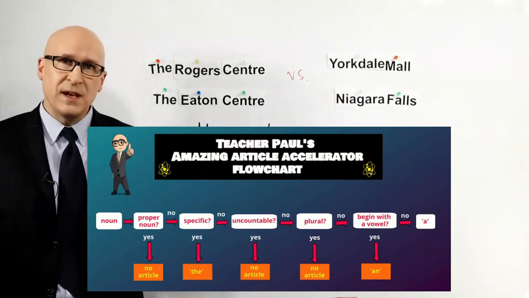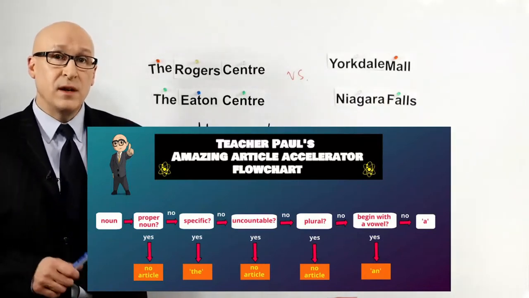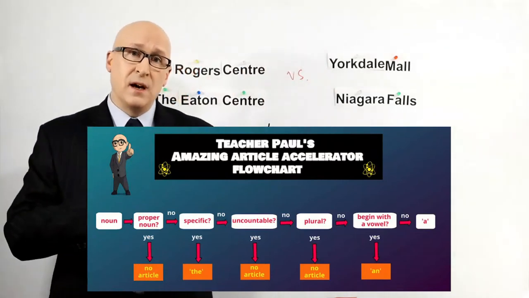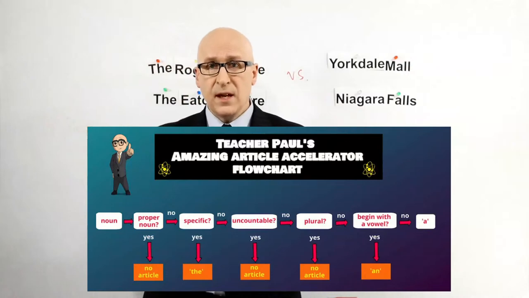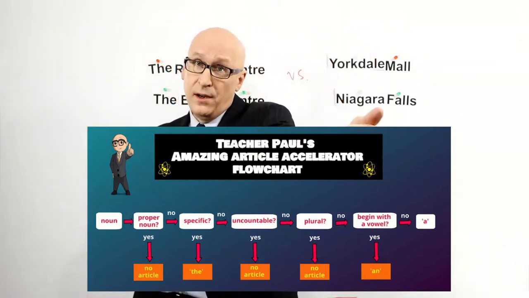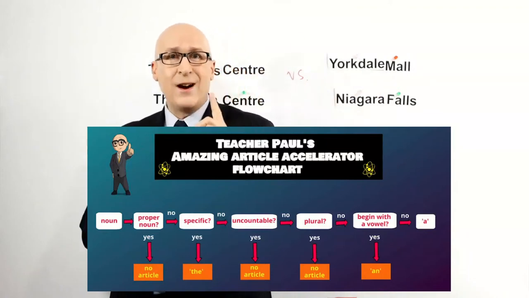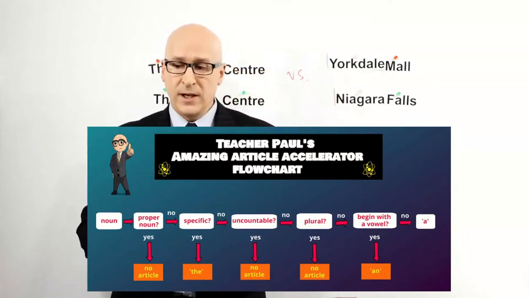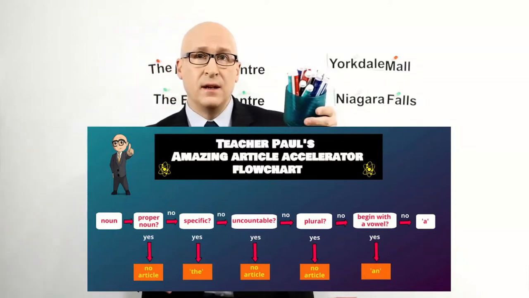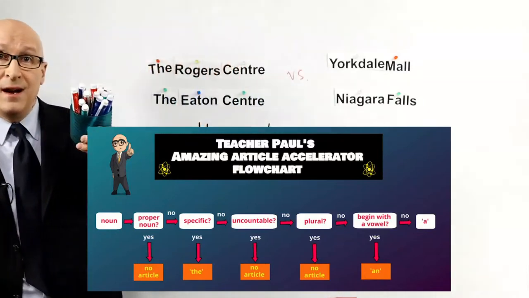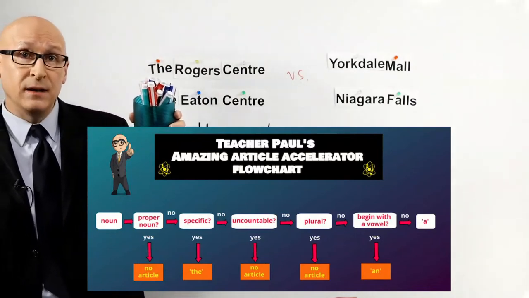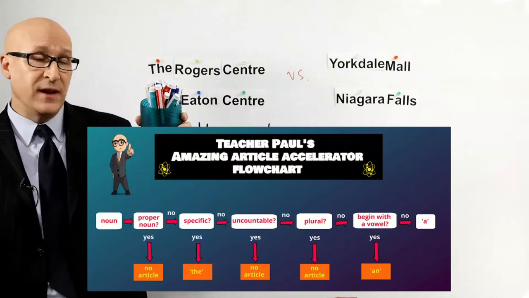How do you know if something is specific or not? Well, the only way to know is from the context. And the idea of specificity is, does the listener or the reader know which noun you're talking about, right? So for example, if I said, I want to use a pen. Well, is it specific?